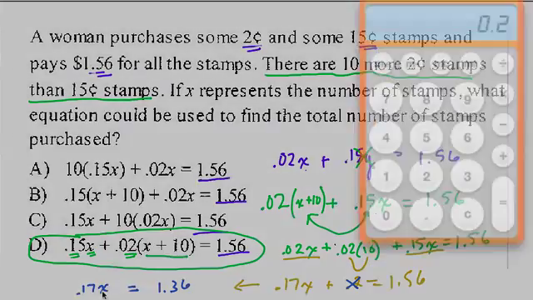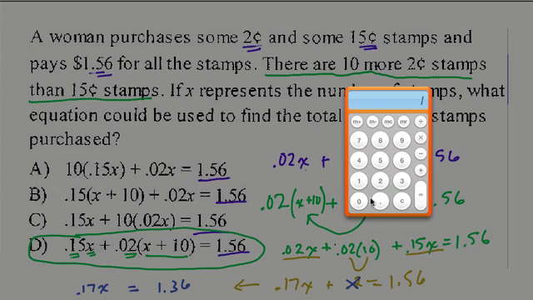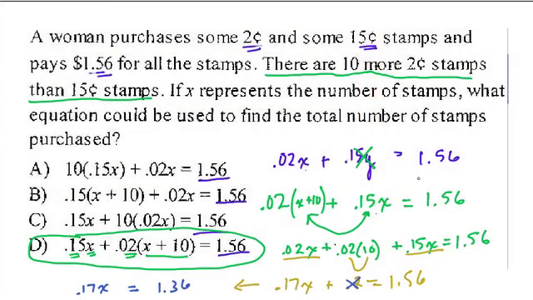Now to simplify, we divide both sides by 0.17, so it's 1.36 divided by 0.17. And that makes sense because just as 136 divided by 17 is 8, 1.36 divided by 0.17 should be 8 as well. So X is 8.